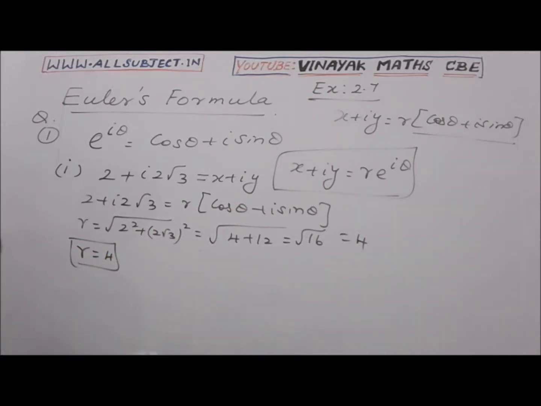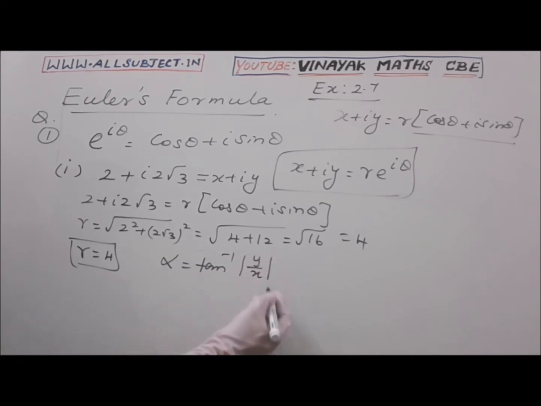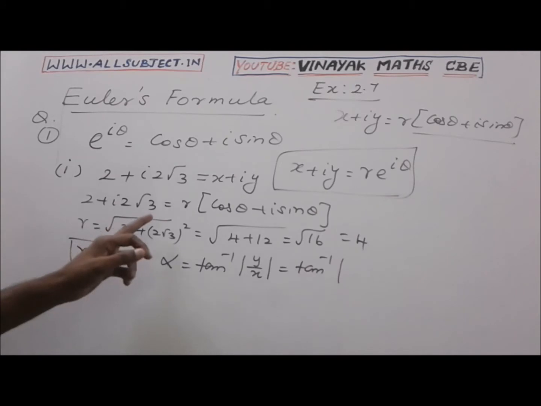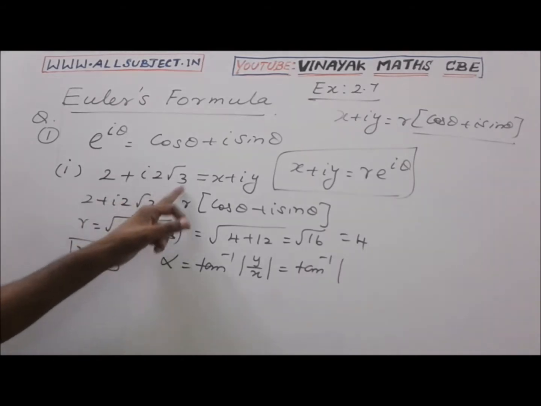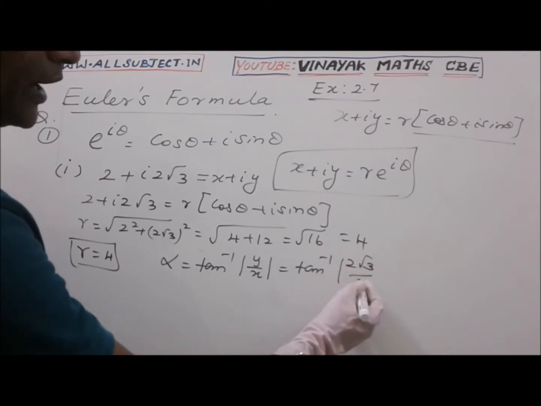Before finding theta you should find alpha. Alpha equal to tan inverse of modulus of y by x, where y equal to 2 root 3 and x is 2. So 2 root 3 divided by 2.